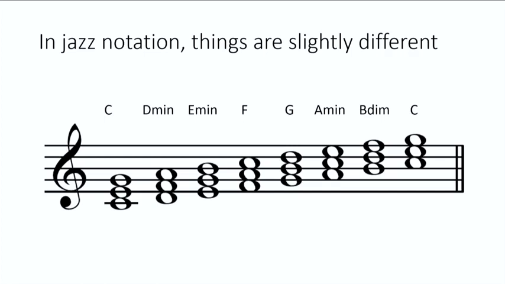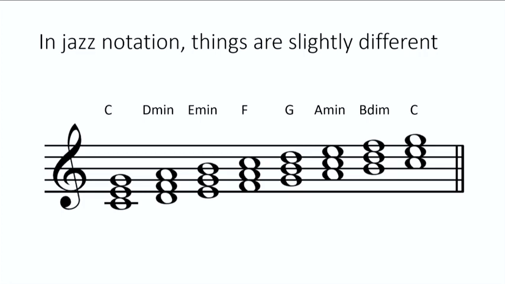Jazz takes a slightly different approach. It labels the chords by their roots, and it also gives us their quality. Now, chords and triads, just like intervals, have qualities, and we'll learn about that a little bit later. But this will make a bit more sense once we've done subsequent videos. For the moment, you can just see how it works.